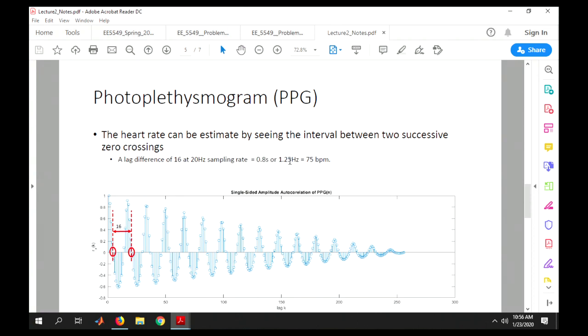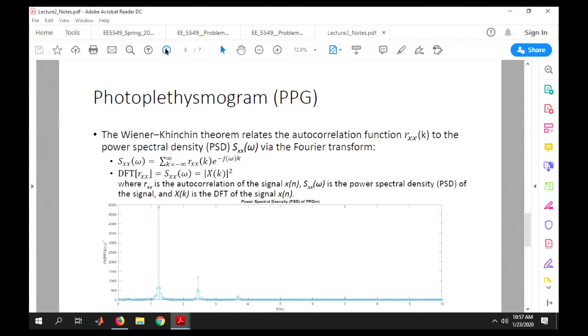Taking the reciprocal, that's 1.25 hertz, equivalent to 75 beats per minute, the same thing we get from the DFT. So we are trying to get the same information from the DFT and the autocorrelation sequence.